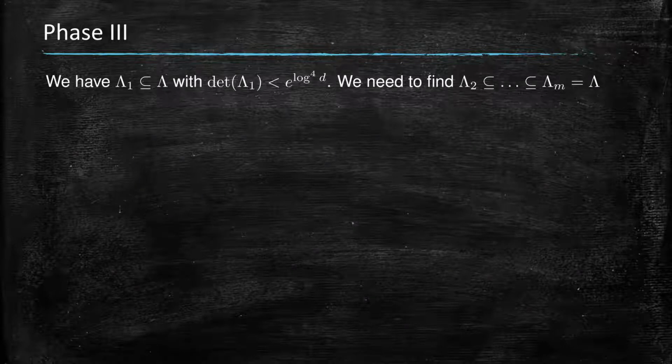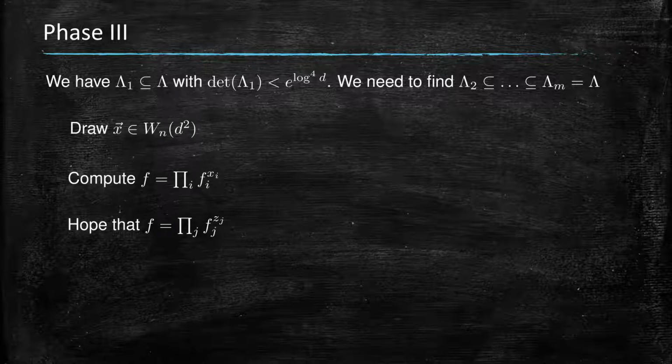This last phase consists in finding a tower of sublattices that will end with the lattice that we want. This time we draw our vectors in the box, we compute f, and then we hope that f is smooth. We know that each of those products is expensive to compute, because the product is dense, from i equals 1 to n, so it's got n terms.